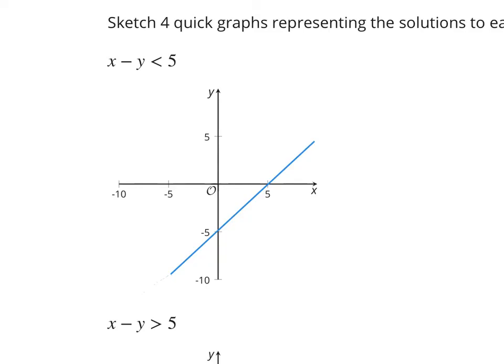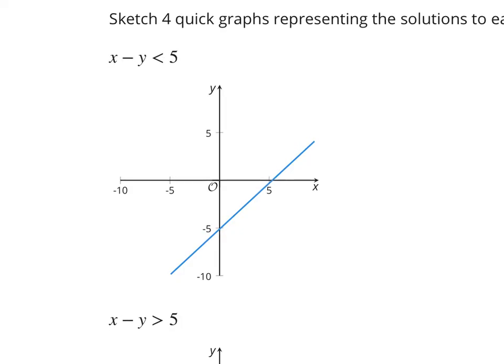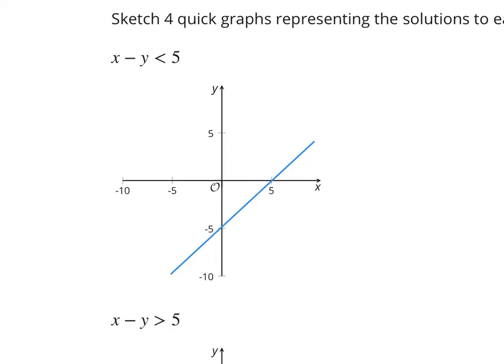To do this, I'm going to do something called a solution test. I'm going to pick any ordered pair in any section and see if, when I plug that in, I end up with a true statement or a false statement. My go-to is always to use the origin, because the origin is 0, 0, and that's a quick and easy way to check.